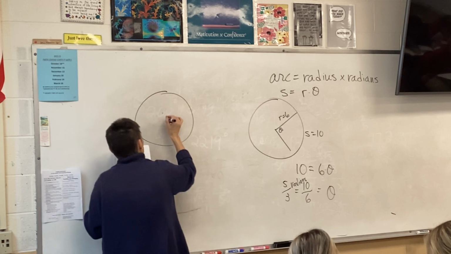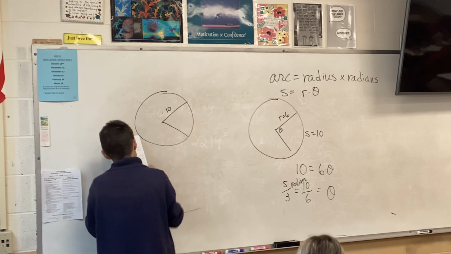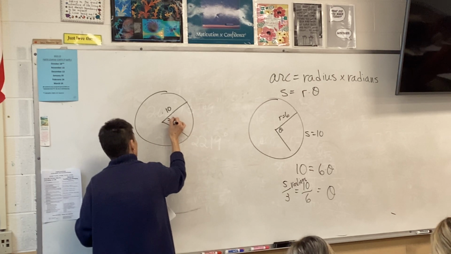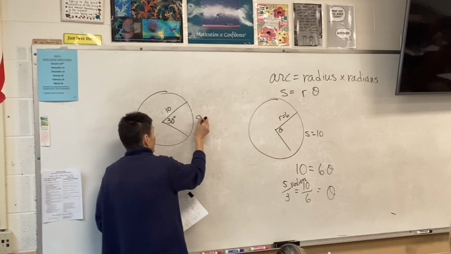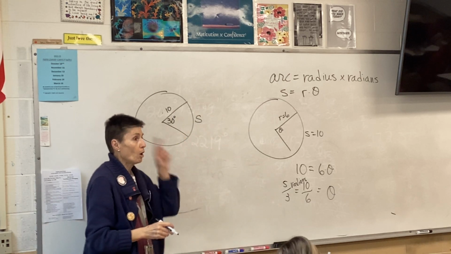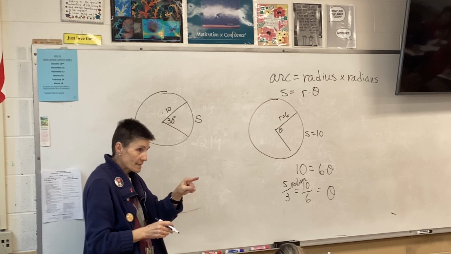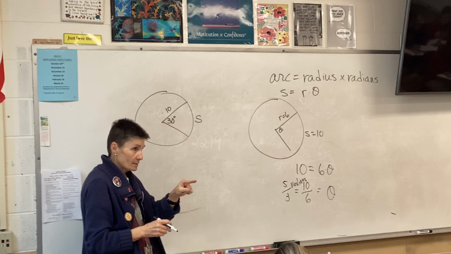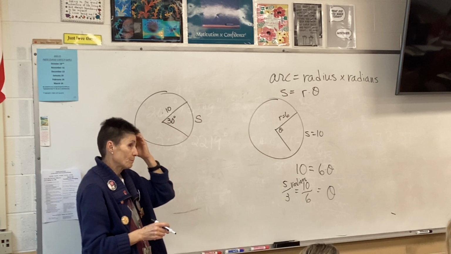Same scenario. Only this time, the radius is 10, and the angle is 30 degrees, and I am looking for the arc length. What's wrong with the problem? The 30 is in degrees. Not good. So what do I need to do?